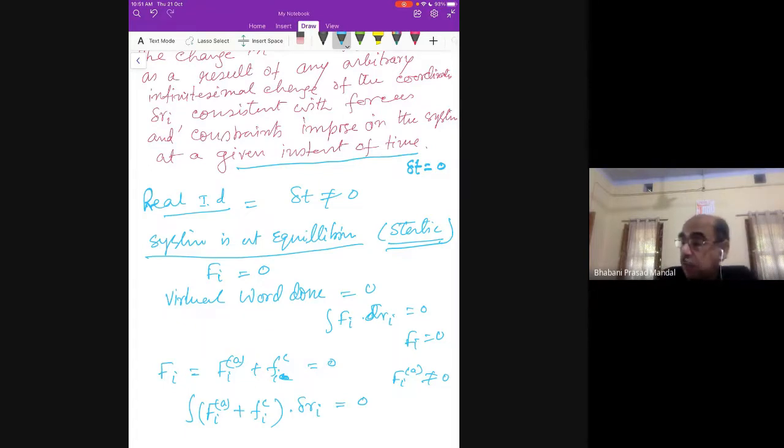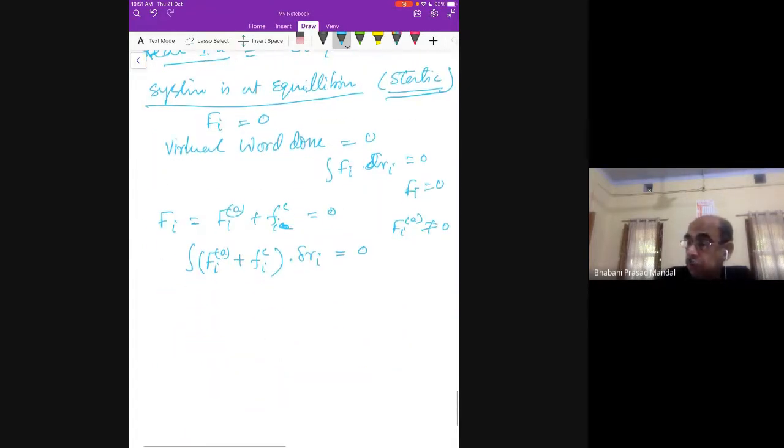Now D'Alembert's approach comes into play. Up to that, this is only the concept of virtual displacement. Now D'Alembert's principle says that we consider the system, or the type of virtual displacement, such that the virtual work done by the forces of constraint is 0.